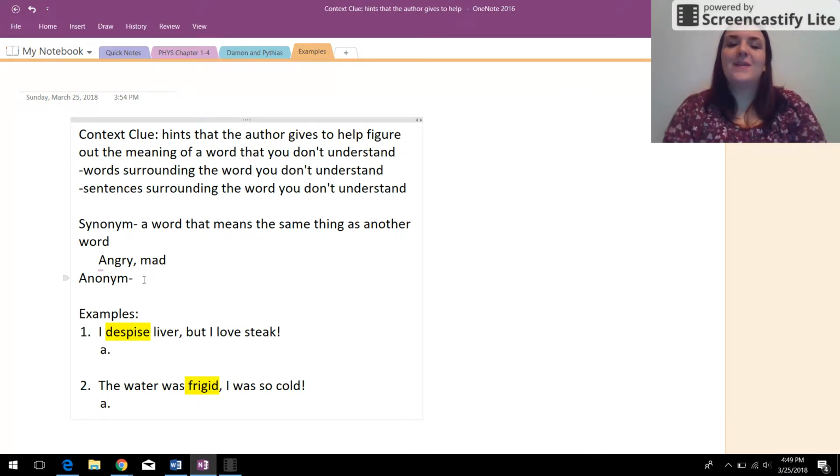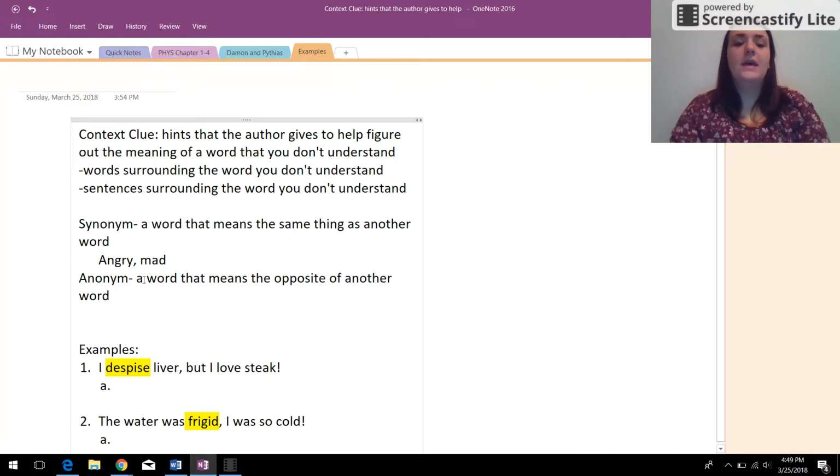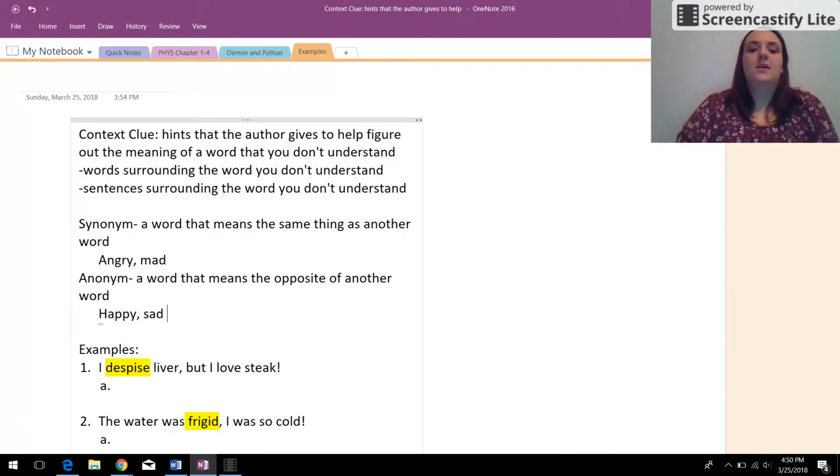And then there's an antonym context clue. An antonym is a word that means the opposite of another word. An example of an antonym could be happy and sad. Two completely opposite meanings, different emotions.